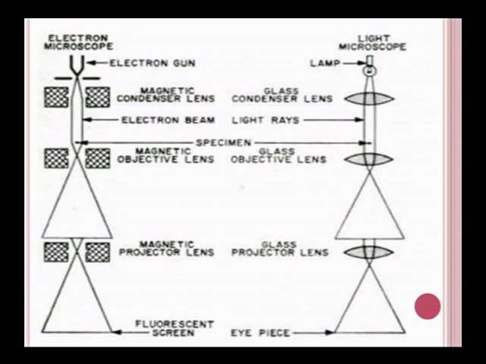That means these magnetic lenses almost act as the condensing lens used in a compound microscope. The purpose of the lenses in a compound microscope is that whatever light falls from this surface will either converge or diverge in the same way.